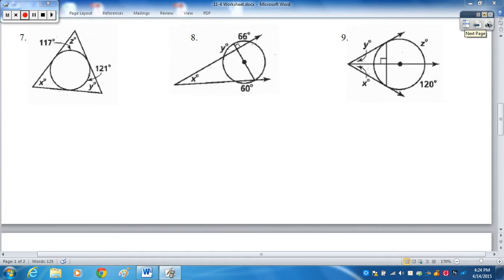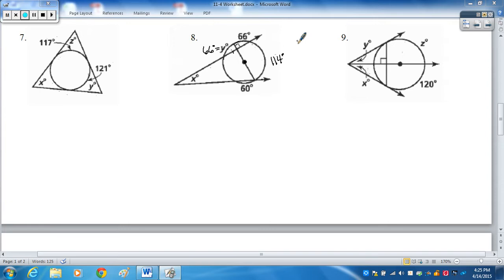Now, for number 8, the harder these problems get, the more busy they become with more lines, and so you have to really be able to focus in on what you're doing. The one thing I want you to notice here: center point, diameter, means that breaks my circle up into a half circle. So if this is 180 and this is 66, I know this is going to be 114, the difference of those two. If I look here, the diameter is perpendicular to the chord. That means that this chord is bisected, and it also means that the arc is bisected. So this arc measurement here is 66 degrees.